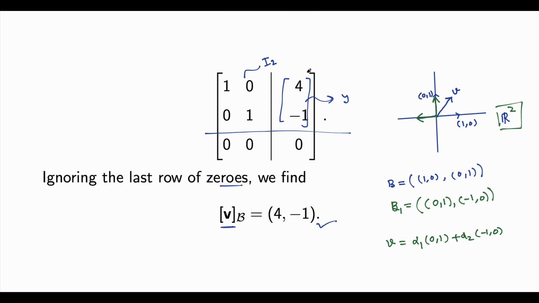Similarly, the same V can also be written as beta 1 times (1, 0) plus beta 2 times (0, 1). So the basic idea is that the same vector V I want to represent with two different bases.